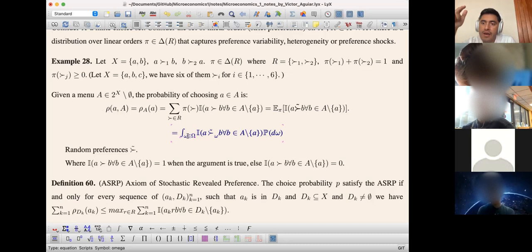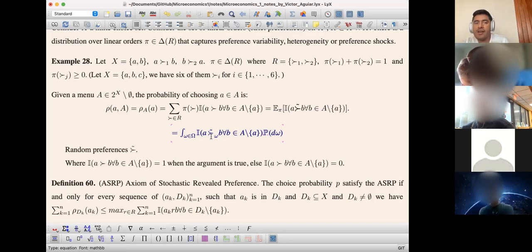And we're going to assume here that there is a measure of this probability space that is captured by this symbol P, the probability with the double line. And then you can also write it in terms of measure theory as essentially the measure of all omegas such that they will give me a realized preference relation such that A is better than B, okay?